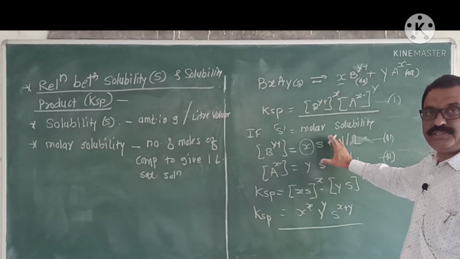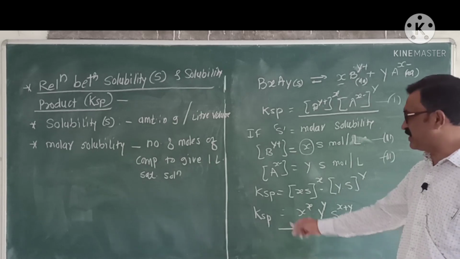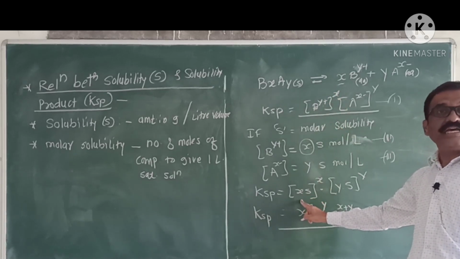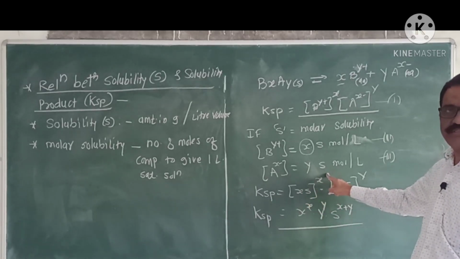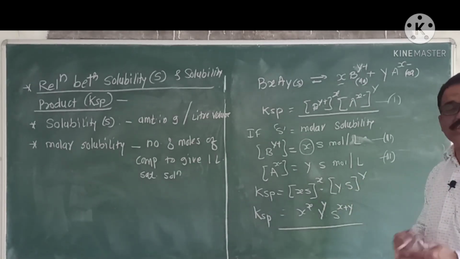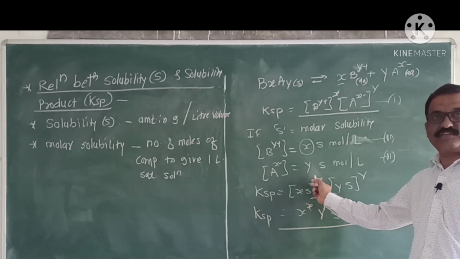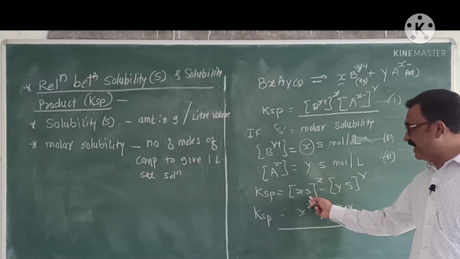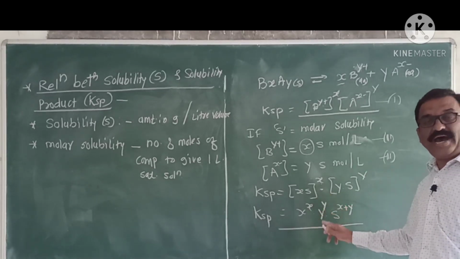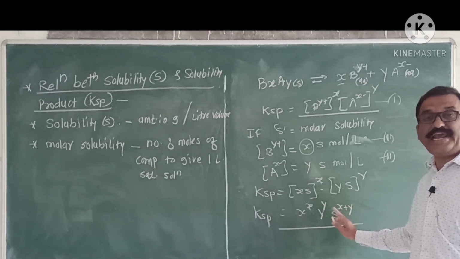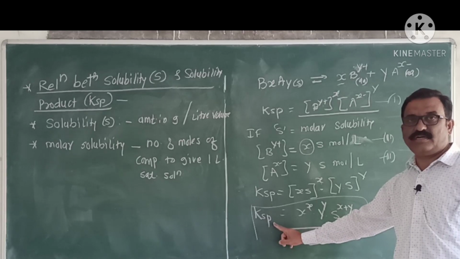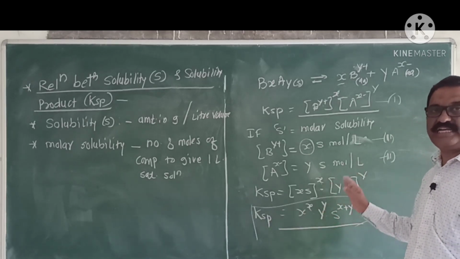If we put these two values in equation 1, it becomes Ksp equal to X times the molar solubility, raised to X, into Y times the solubility, raised to Y. If we solve the brackets, we get X^X, Y^Y into S^X into S^Y, that is X^X Y^Y S^(X+Y). This equation gives the relationship between the solubility product and the molar solubility of this sparingly soluble salt.